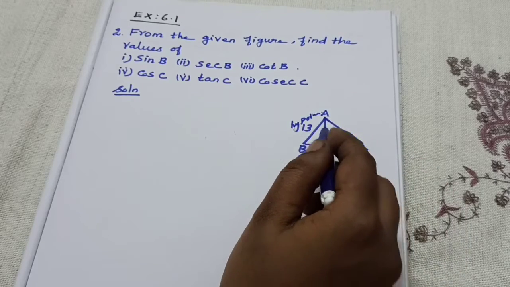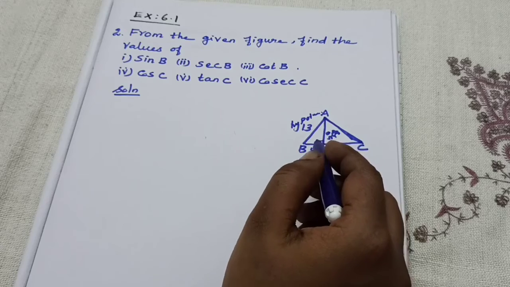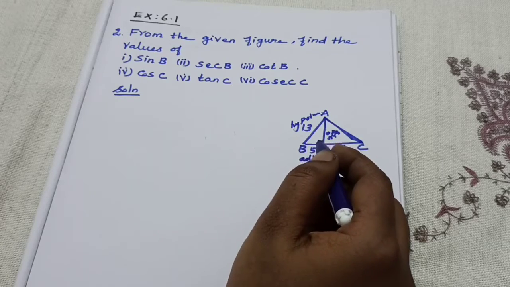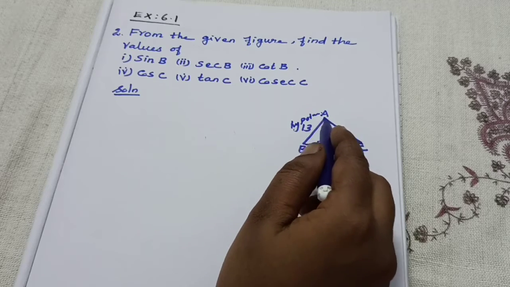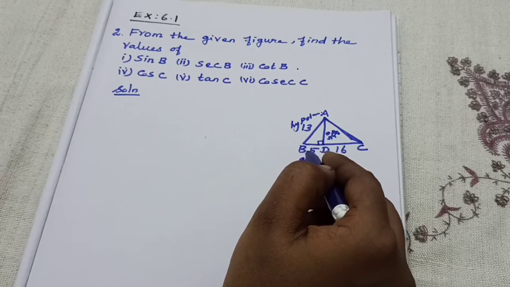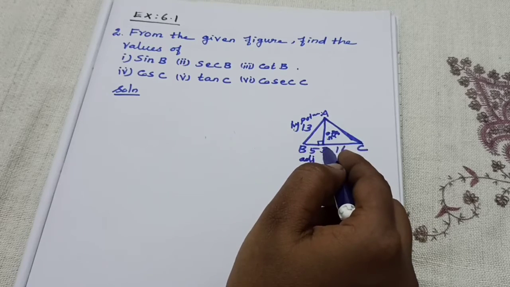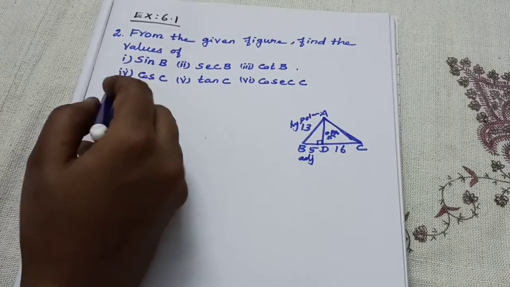Then first we want to find the BD value, isn't it? So by Pythagoras theorem we can find. Pythagoras theorem: AB square is equal to BD square plus AD square. Am I correct? First we have to write AB square.